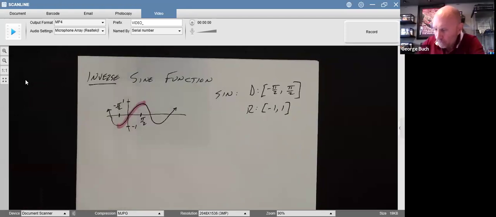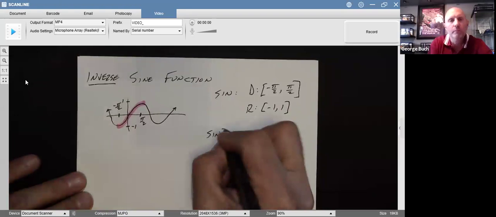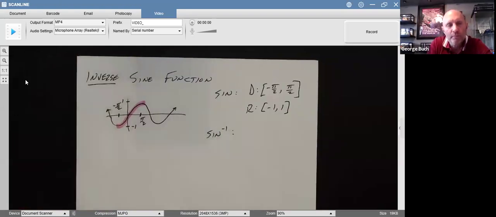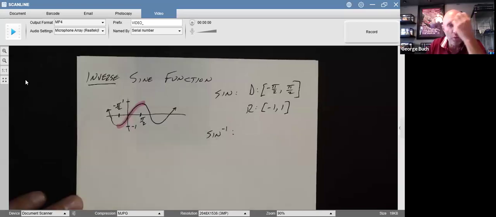If you remember back to your pre-calculus 1 days, if we have an inverse function, what is the relationship between the domain and range of a base function like sine and its inverse function like sine inverse? The way we write this is sine with a little -1. Remember when we had f inverse, it was f to the -1 power.